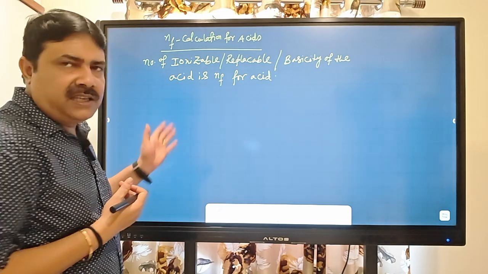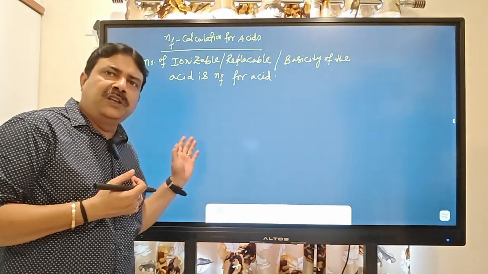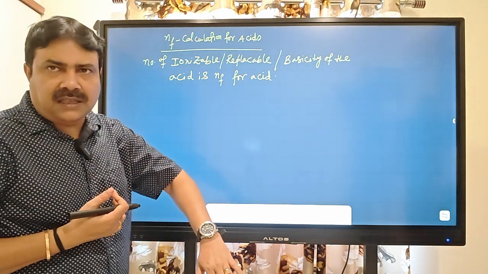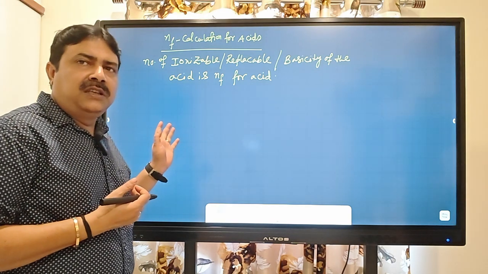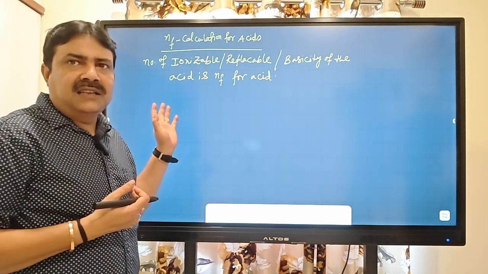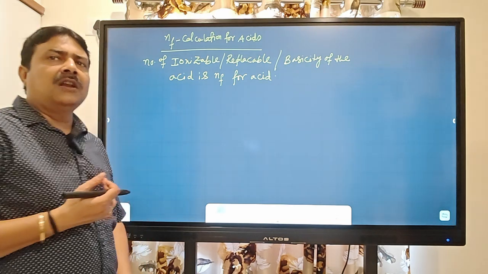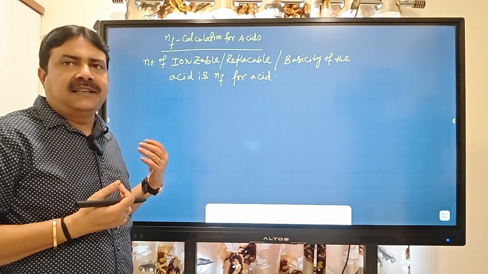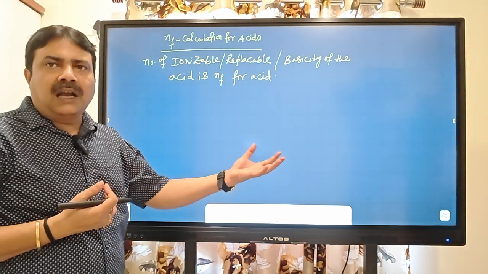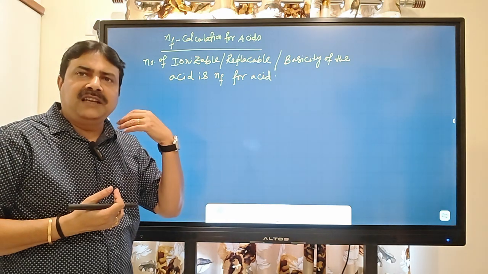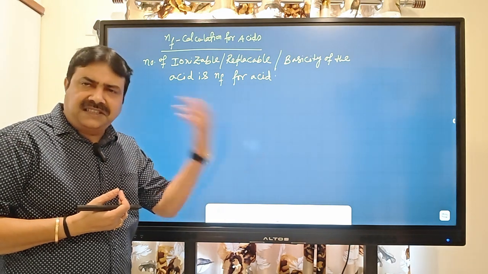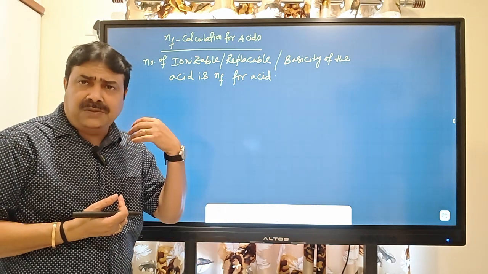That is, how many H plus it can provide, or how many H plus it can replace by another cation, or how many OH minus can consume the H plus from a particular acid. Basicity means for the particular acid, how many OH minus it can take, because an acid reacting with a base is taking the OH minus.